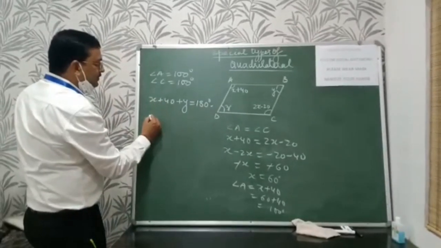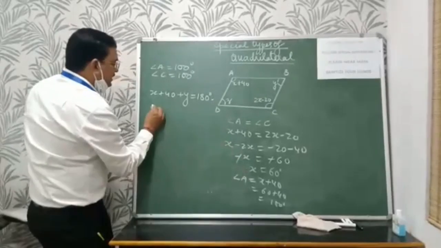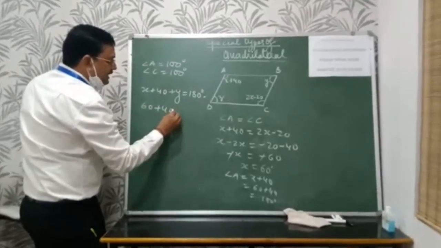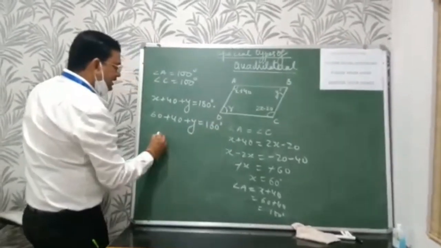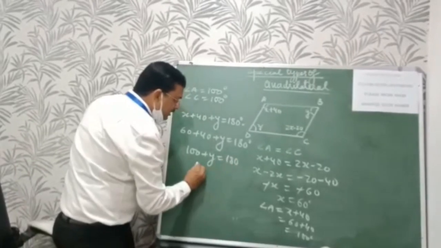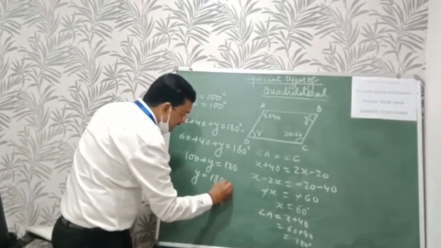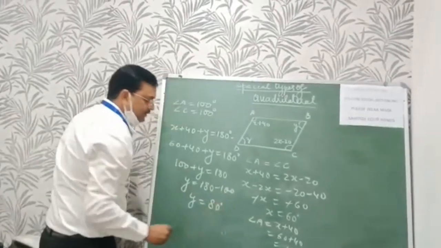What is the value of x? Just now we found 60. So 60 plus 40 plus y is equal to 180 degrees. So 100 plus y is equal to 180 degrees. Y is equal to 180 minus 100, so y is equal to 80 degrees.